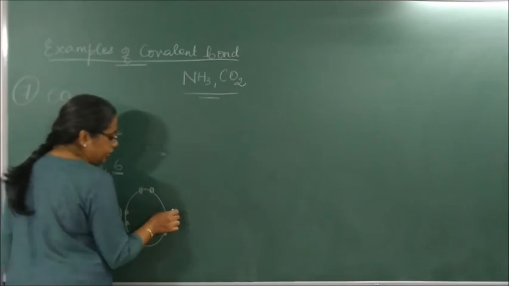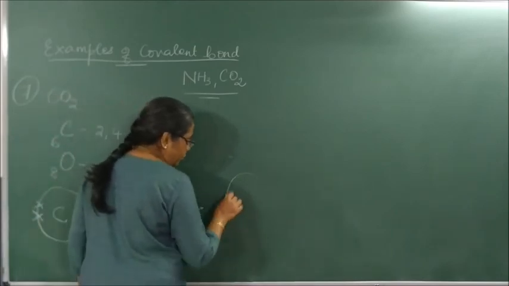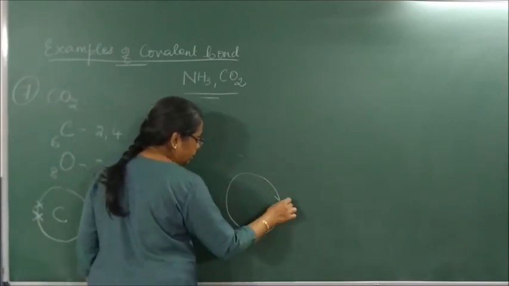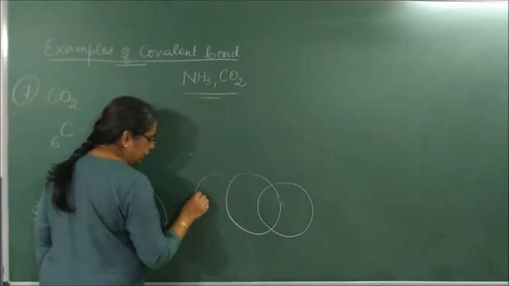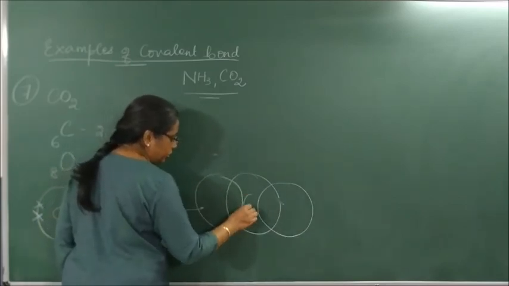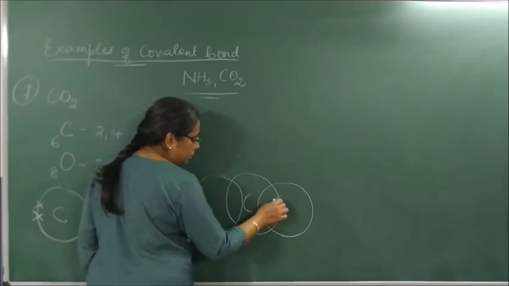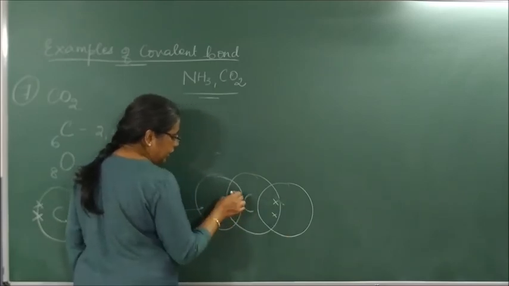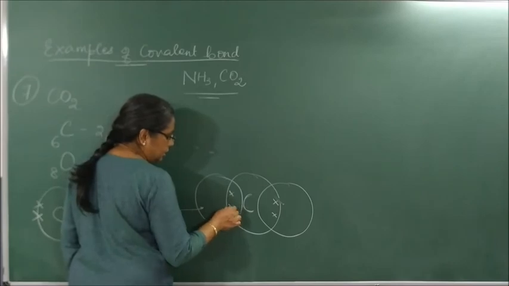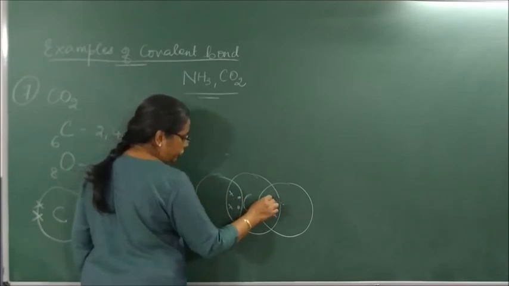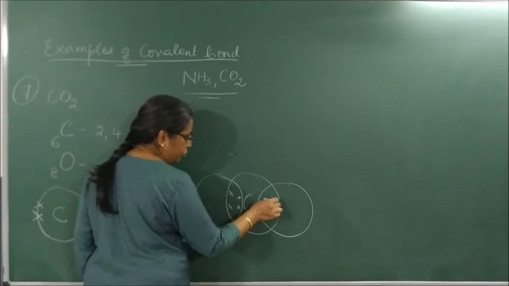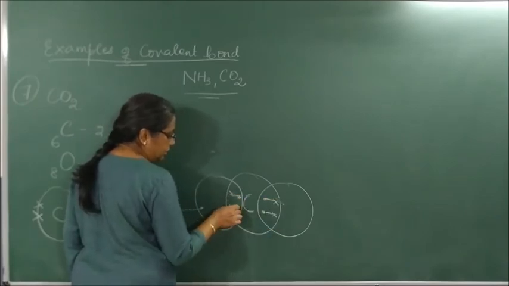So what happens when you draw carbon dioxide? You have carbon and you have these as oxygen. First the electrons of carbon. These are our 4 electrons. Electrons of oxygen, which requires 2 more. So this becomes a double bond.